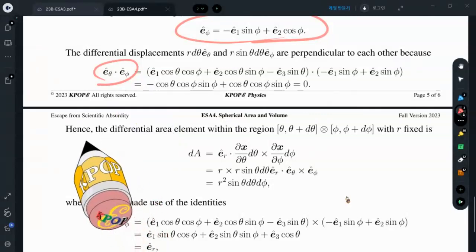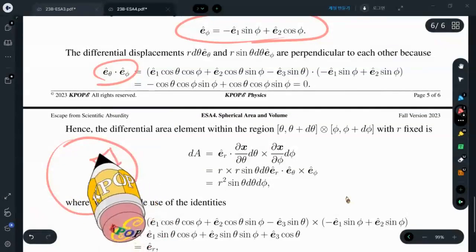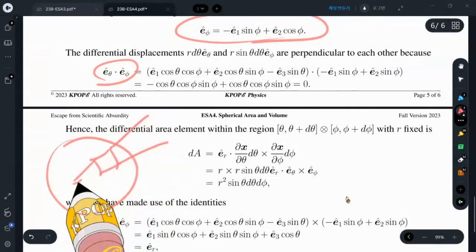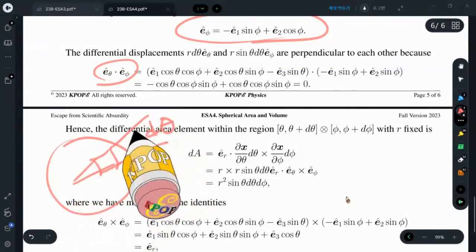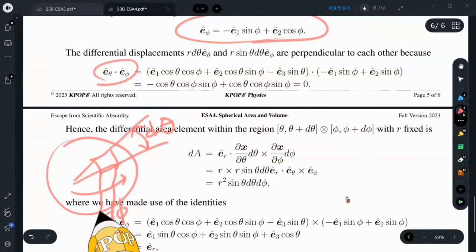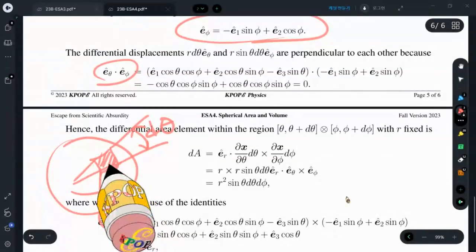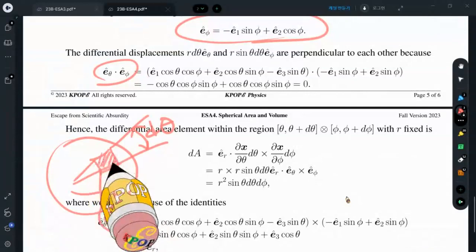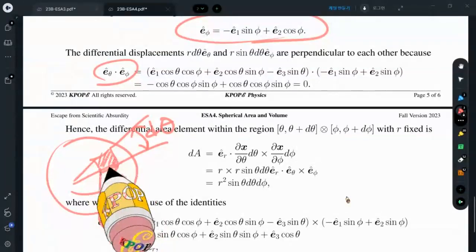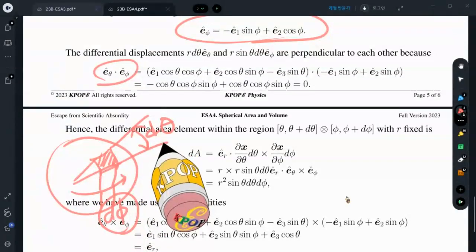And theta and phi on the surface of a sphere, r is fixed. We have an angle d theta change, and along the azimuthal direction, d phi change. So this change results in some rectangular region, and we are interested in its area in the infinitesimal limit.